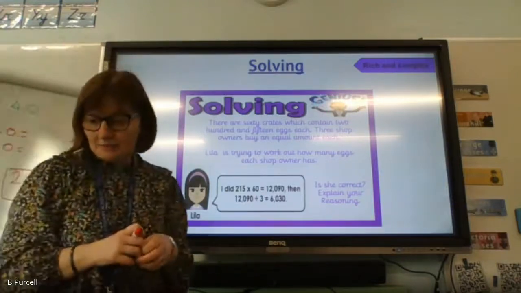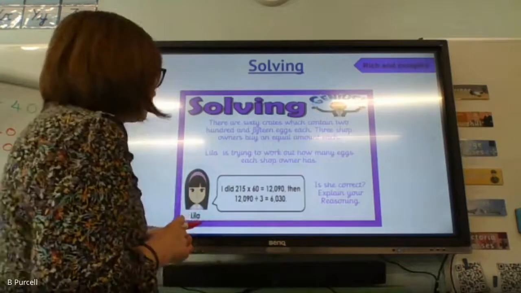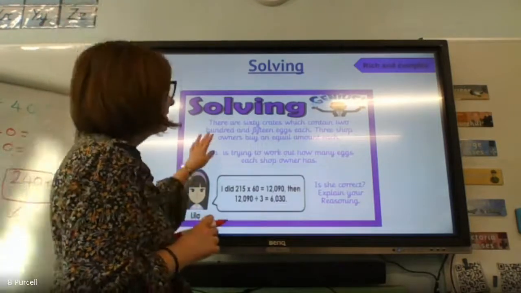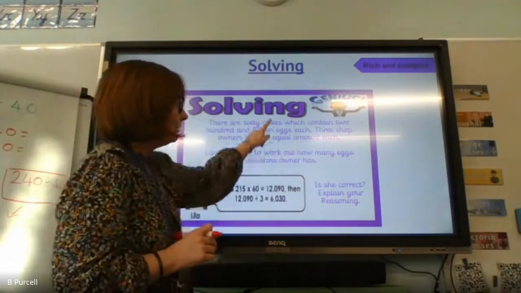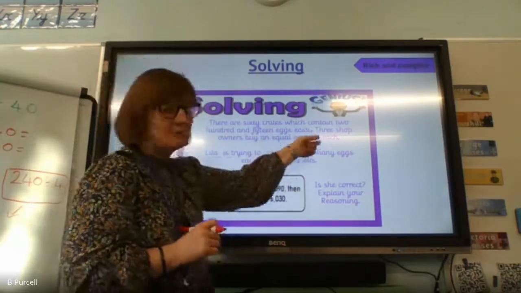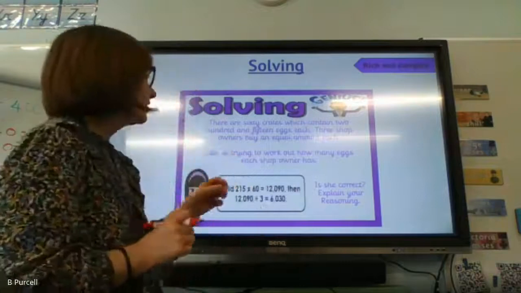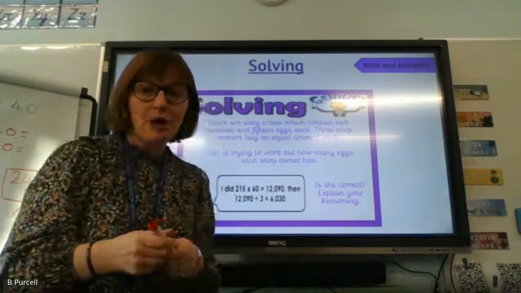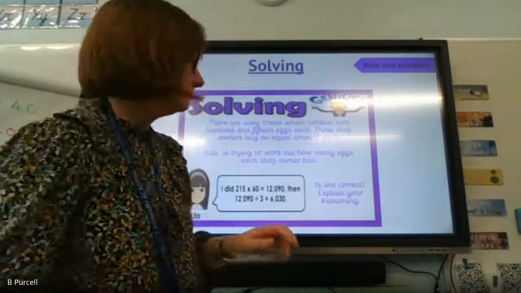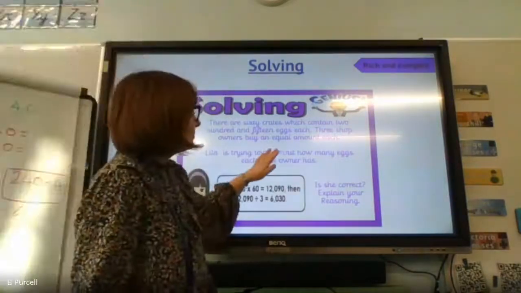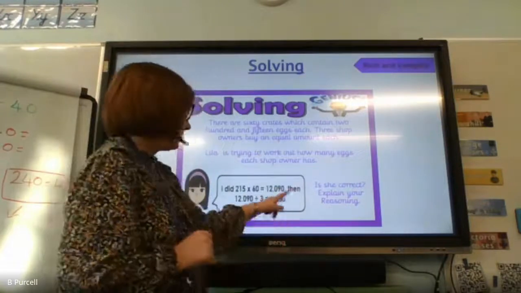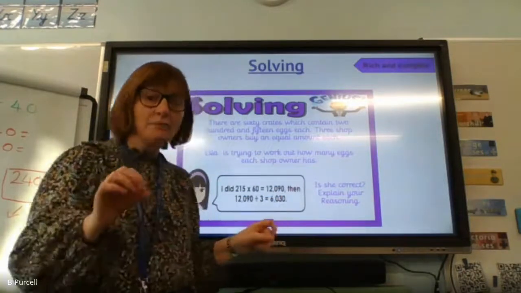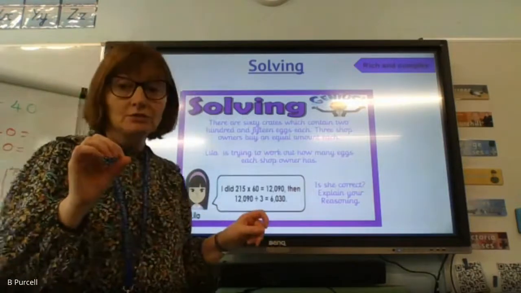And then what she did was she then divided the total that she got from the multiplication. She divided it by the 3 shop owners. So you have to divide your total by 3. So it's a 2-part problem solving question. So if, for example, her answer here is incorrect, then her answer here will be incorrect. Her method is not incorrect.